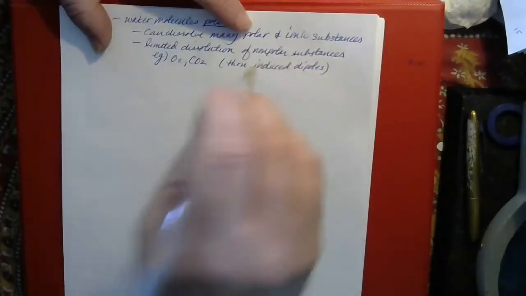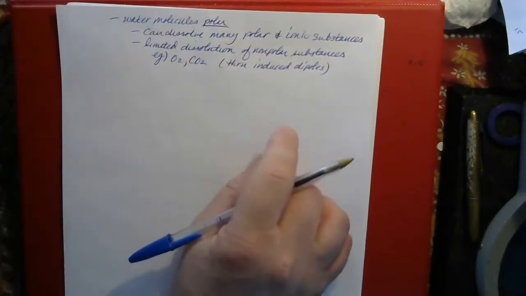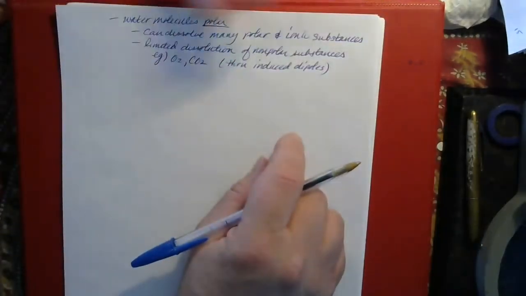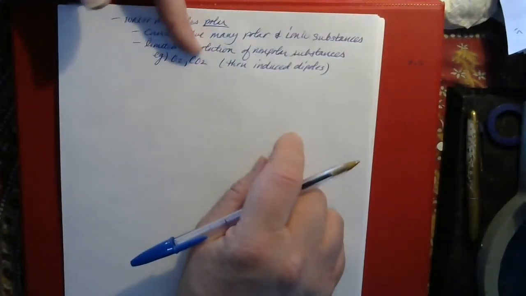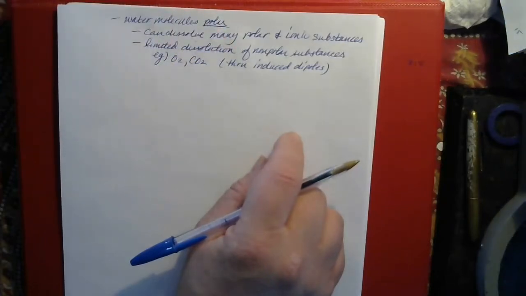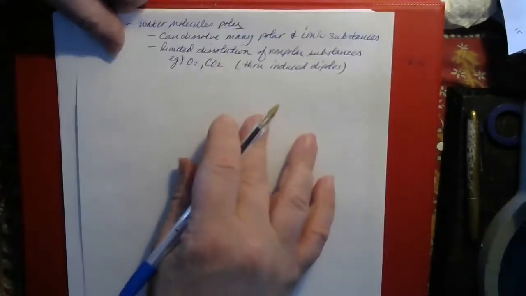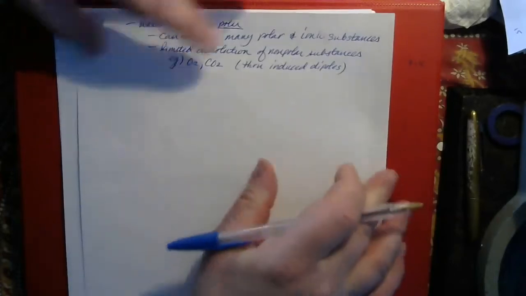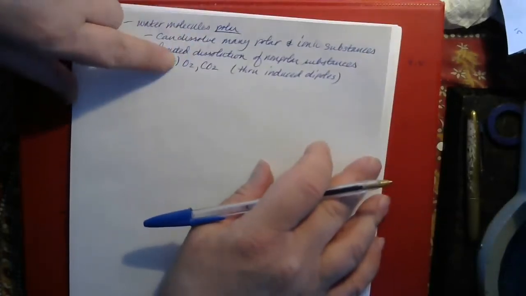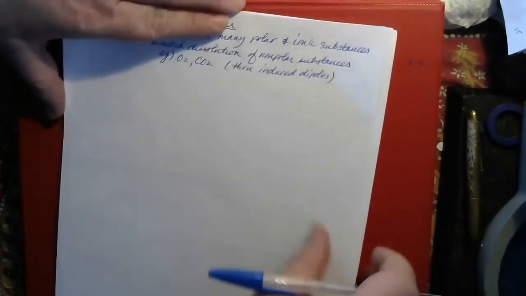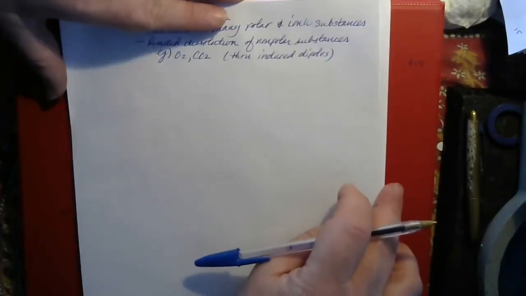The dipole in water, because water is a polar molecule, so water has a permanent dipole. When certain other nonpolar molecules like oxygen and carbon dioxide come close to a water molecule, the water molecule's dipole can induce a dipole in the nonpolar molecules by sort of causing the electron distribution in the nonpolar molecule to become temporarily skewed in a way that causes the nonpolar molecule to be attracted to the water, even though water is polar.